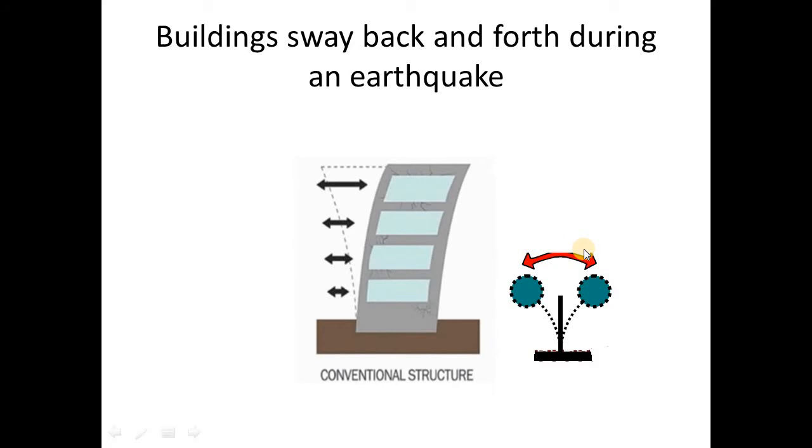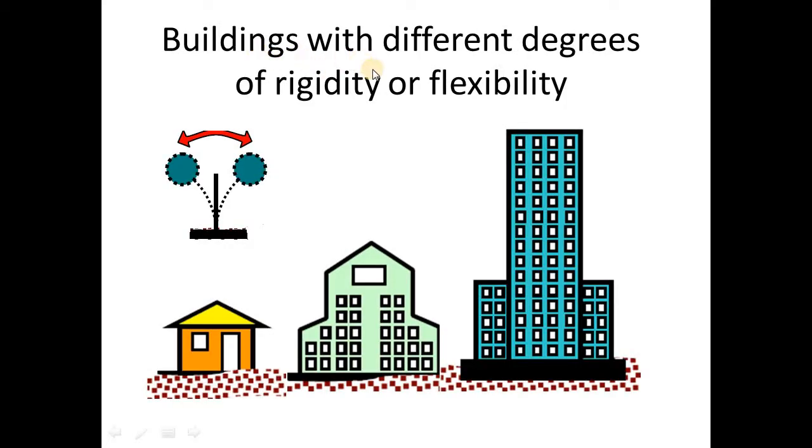In this slide, we see buildings with different degrees of rigidity. Some of you might look at them as buildings with different heights. Yes, that is true. We want to highlight one thing that is related to probably height and other things, but based on our intuition, we can classify them into rigid, less rigid, and the least rigid, which makes it more flexible, less flexible, and the least flexible one out of these 3.